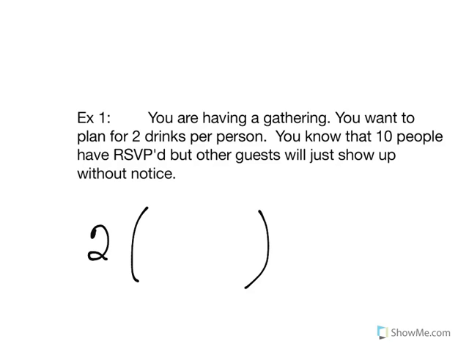And right now we don't know how many people there are, but we can still say 2 times however many people there are. We do, however, know that there will be 10 people there because they've already RSVP'd. But we know that there's going to be some additional guests. How many? We don't know.